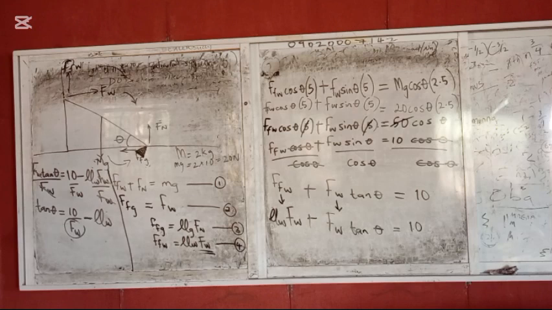Because notice that they did not give me the force on the wall. Then did they give me the coefficient of friction on the wall? No. Check those. No, they did not give me. Read that part, let me hear.